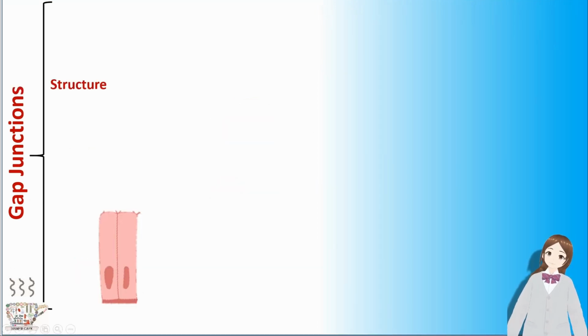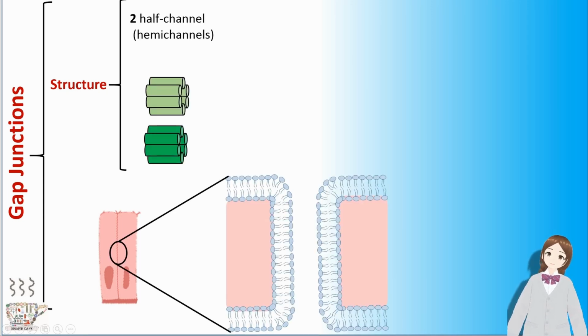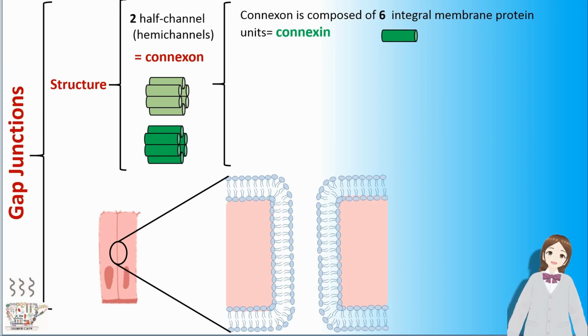Gap junctions have two half-channels or hemichannels in their structure that are called connexons. Connexons are composed of 6 integral membrane protein units that are called connexin.